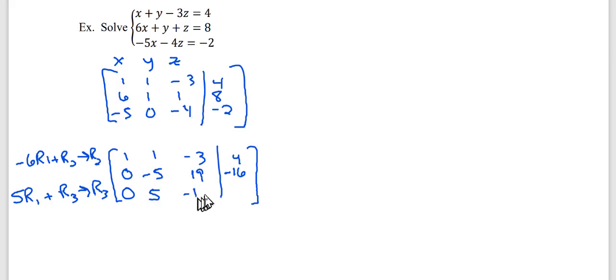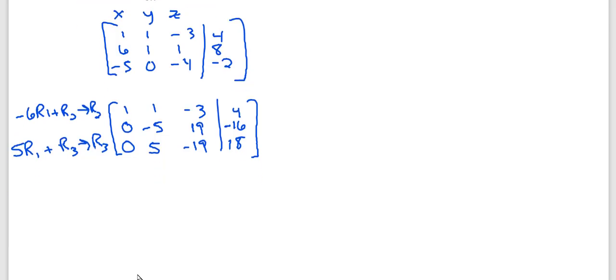Negative 15 plus negative 4 would be negative 19. 5 times 4 is 20 plus negative 2 is 18. Okay.